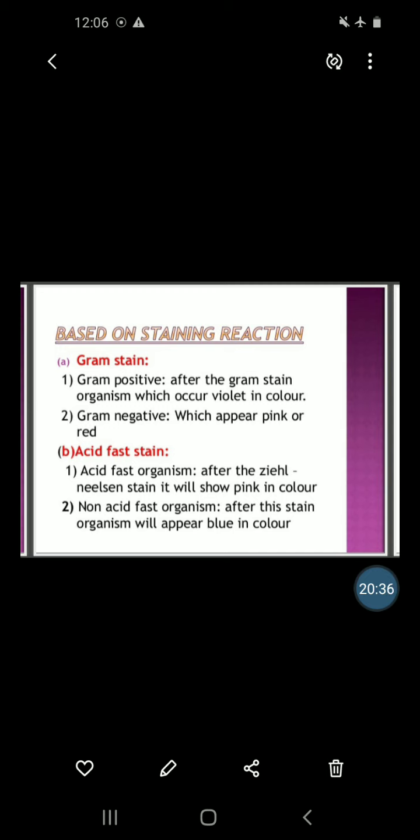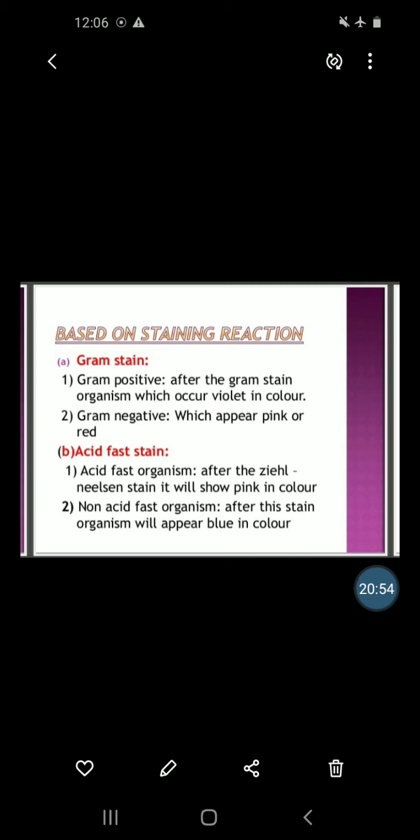This is the difference between gram positive and gram negative. Gram positive bacteria show violet color. And second, gram negative bacteria show pink or red color.